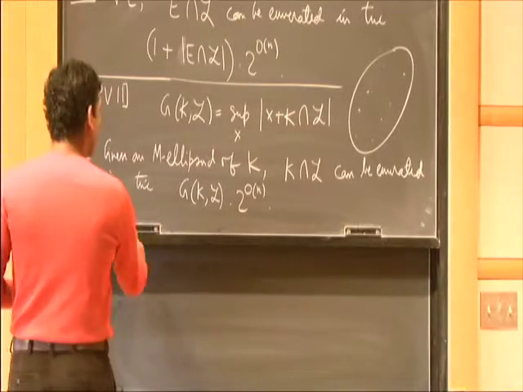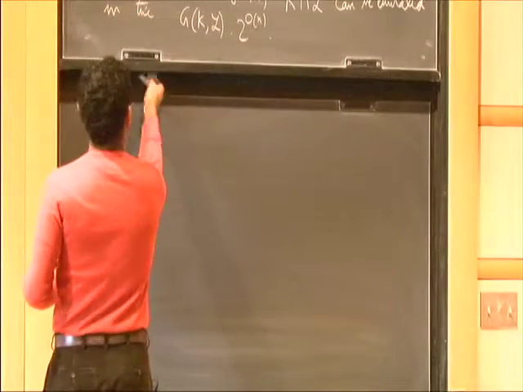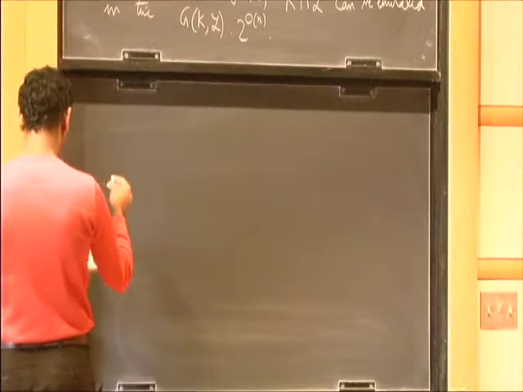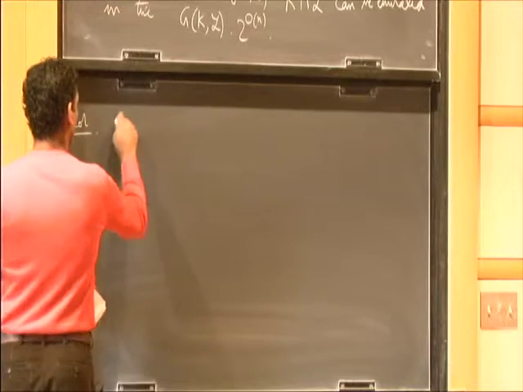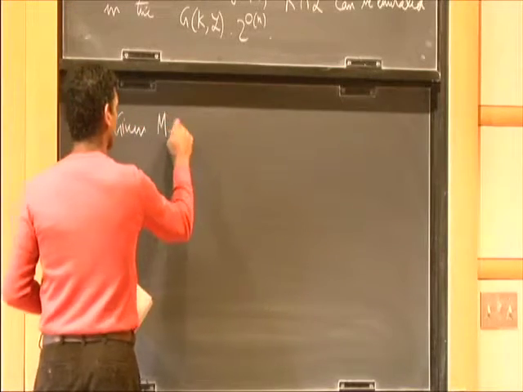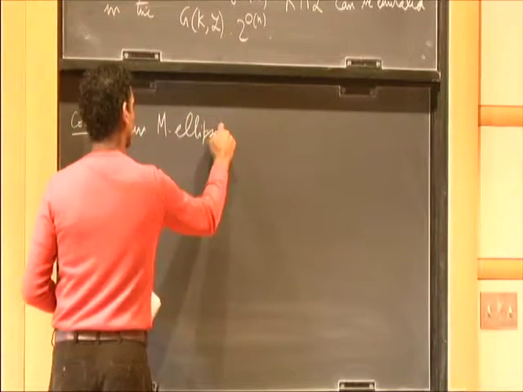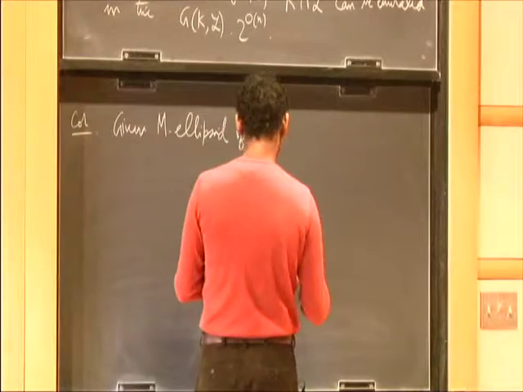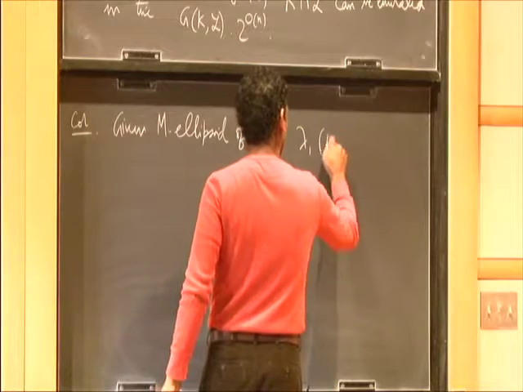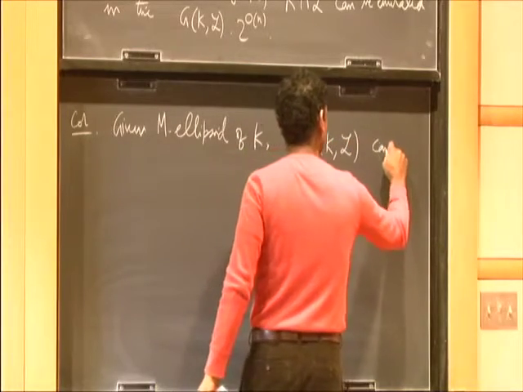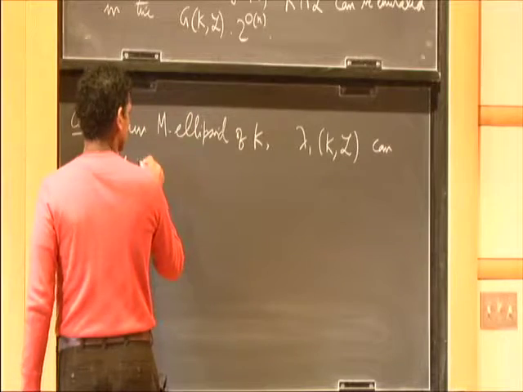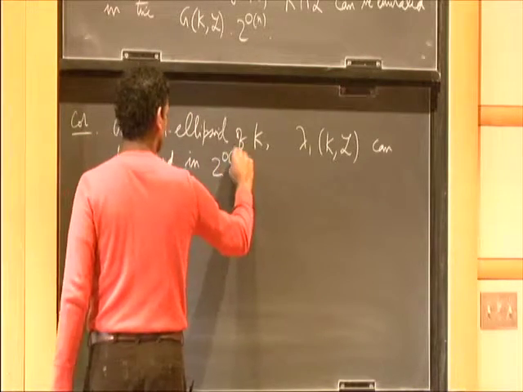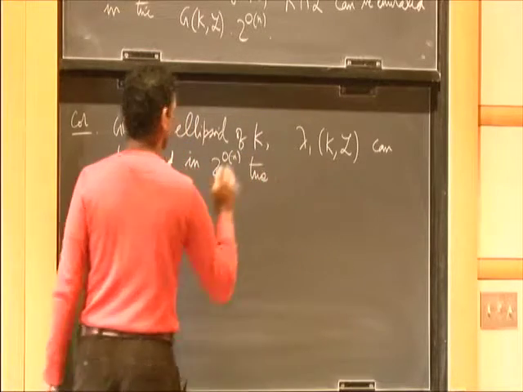Okay, but once you have this, you actually get the results we want for, say, SVP and IP. So corollary: given an M-ellipsoid of K, lambda 1 (K, L) can be solved in 2 to the order n time for any K now.